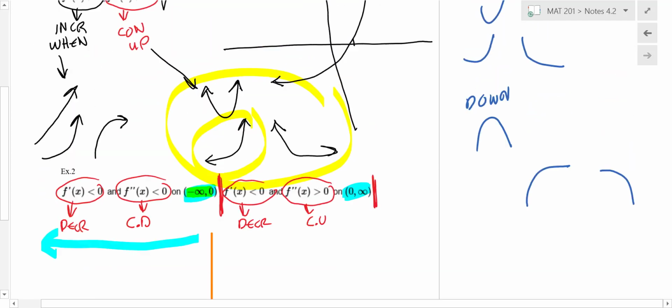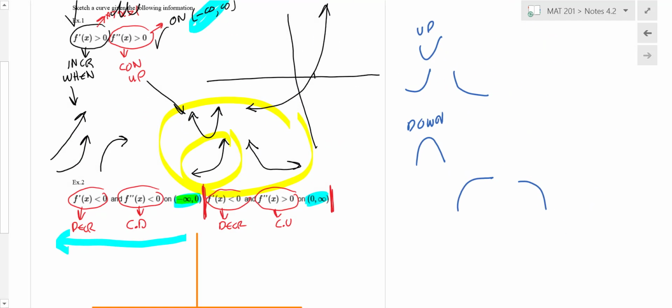Let me just stand up here, I get tired of sitting all the time. If you were decreasing and concave down, which one of these would it be? They'd have to be like that, right? It would have to be decreasing and concave down.